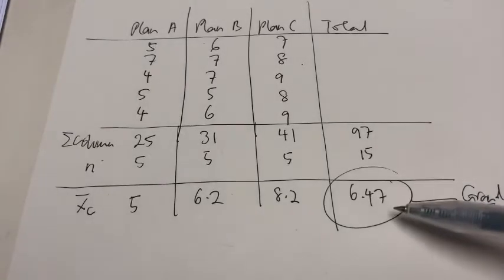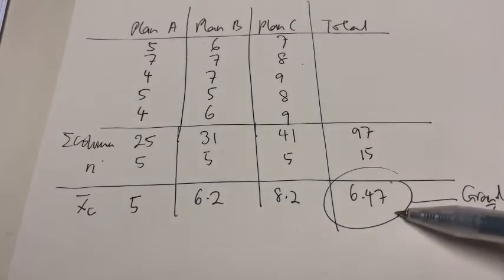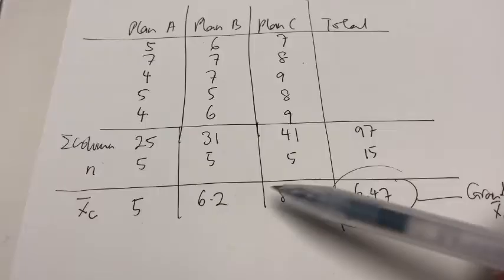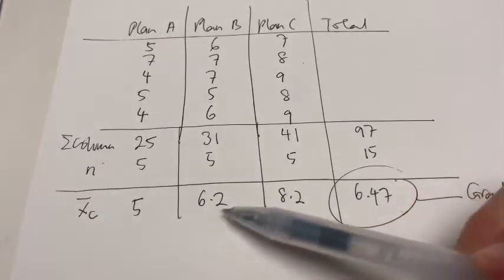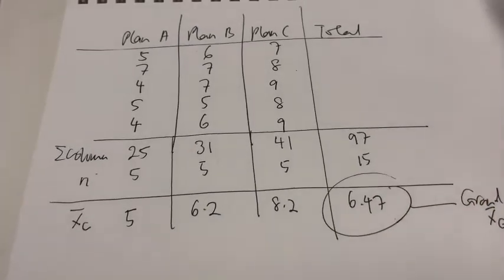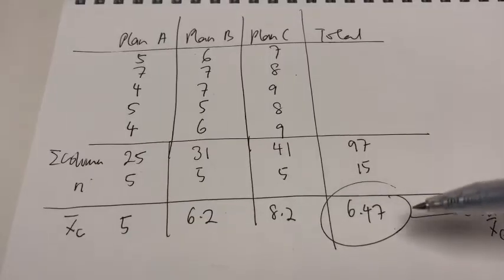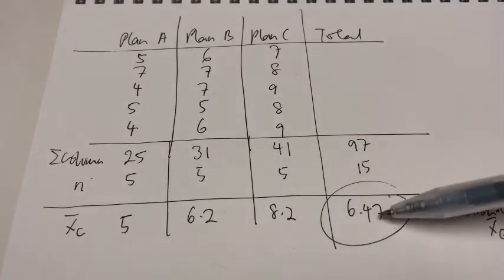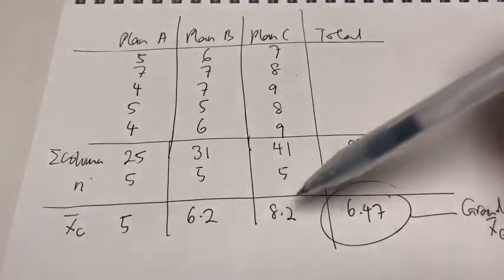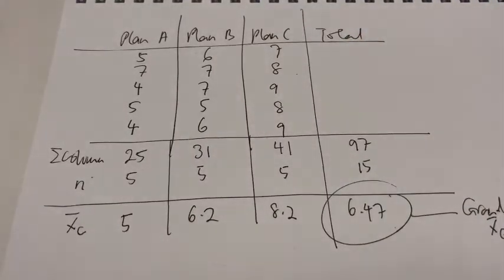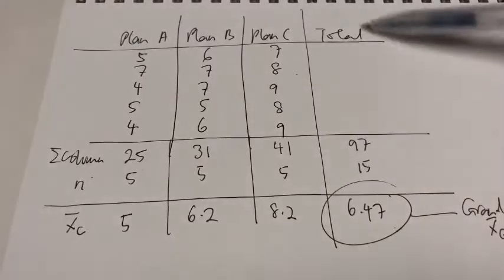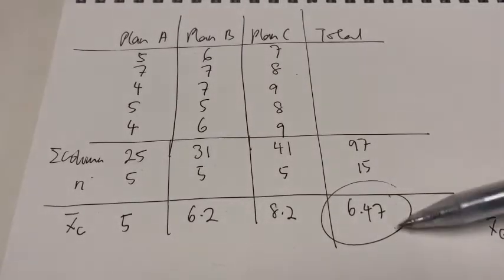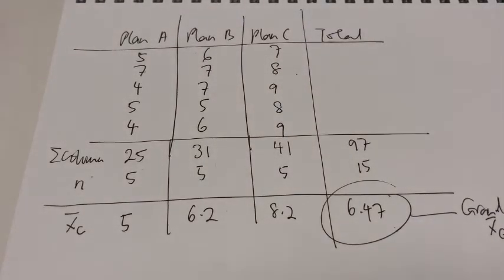So this is our x bar subscript g, or our grand mean, and these are our respective column means. Now, it's important to have this total column. You cannot get the grand mean by just adding these and dividing by 3. That's not how averages work. So you need this total column to get the grand mean.